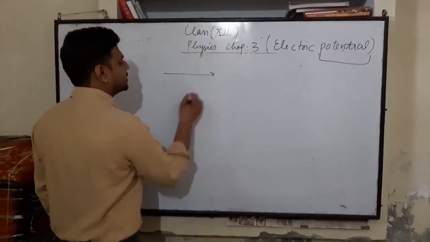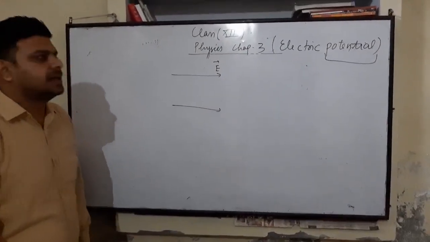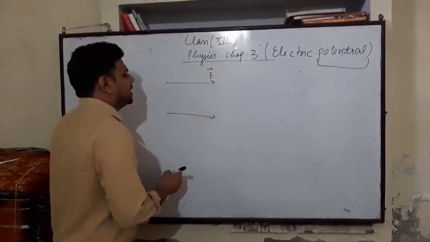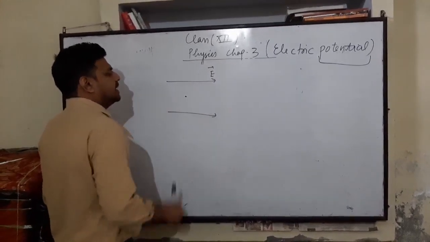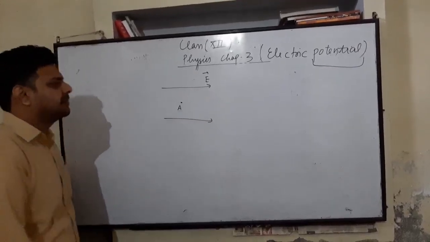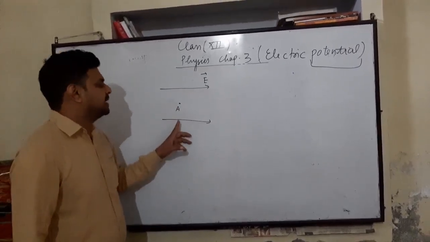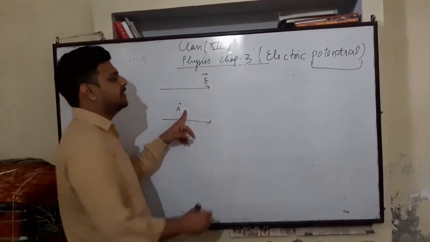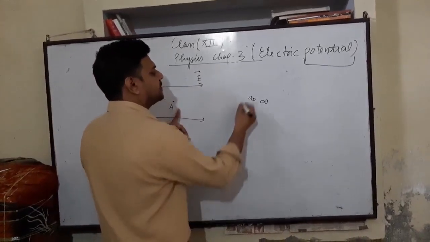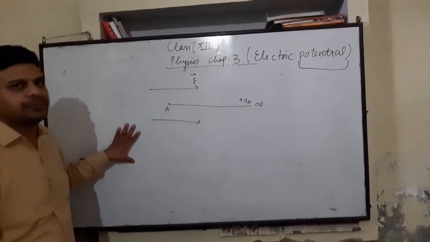Consider this is a uniform electric field, and we have to define the electric potential at this point, let's say point A. For calculating the electric potential at this point, we have to bring a positive test charge from infinity to this point.